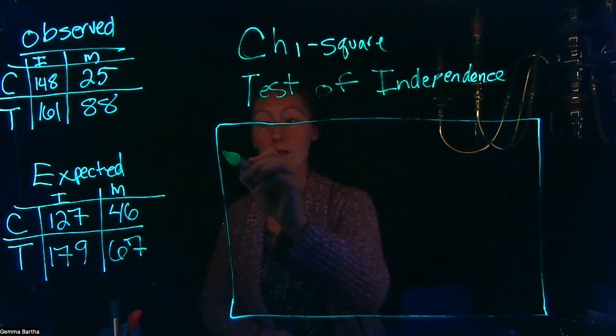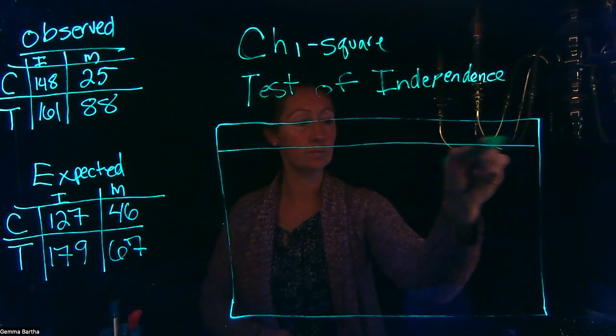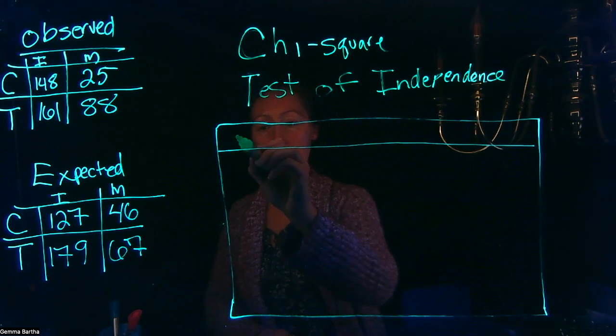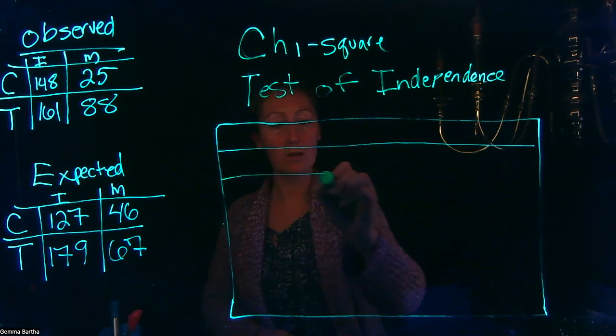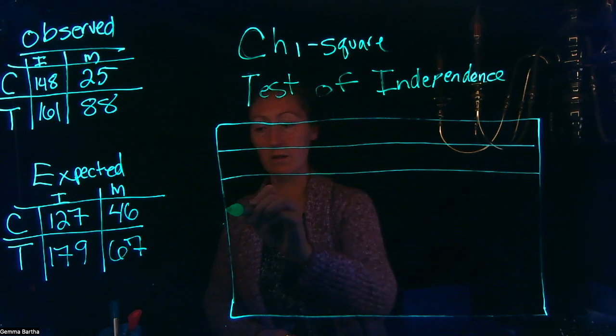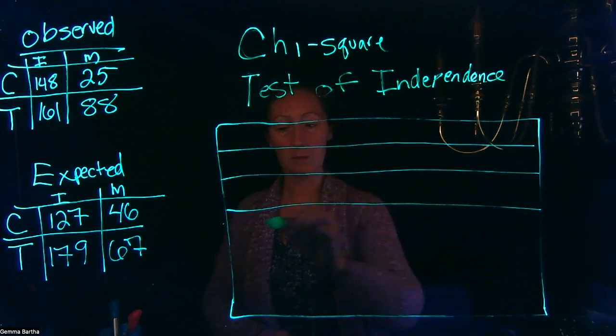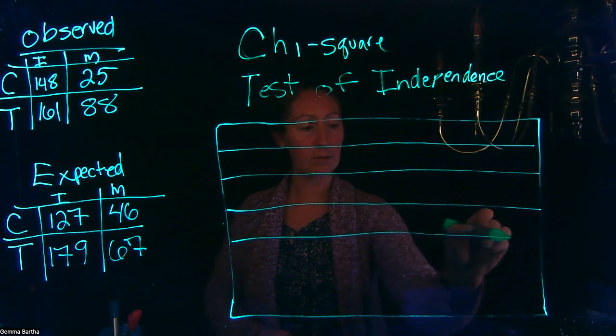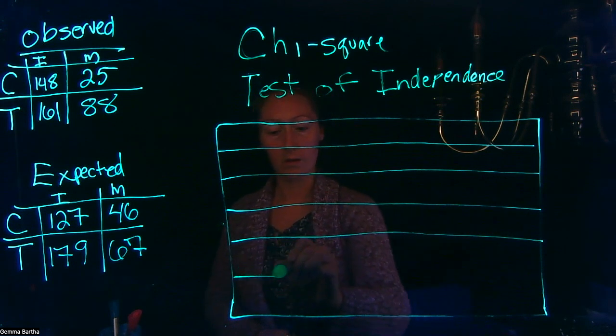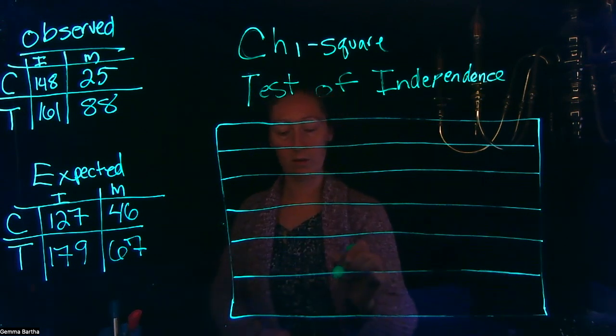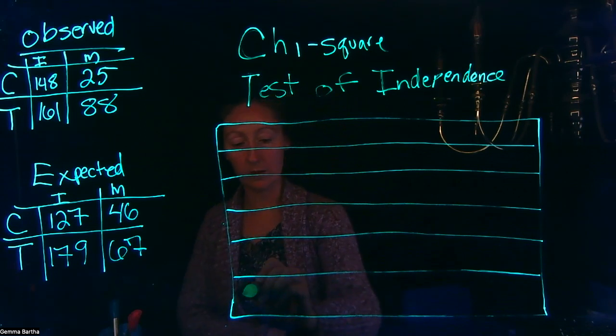You will need to memorize all of the steps. Okay, so this is your observed, this is your expected, observed minus expected squared, observed minus expected squared over expected, and your sum.